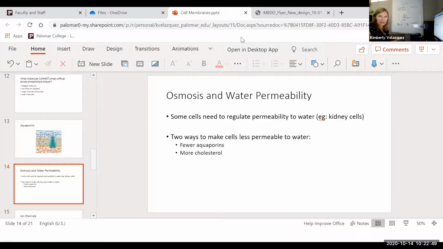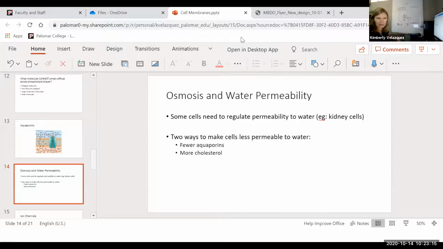And in a hypotonic environment, water is going to move toward the higher solute concentration. So that means water is going to move into the cell to dilute that solute concentration. Okay, so if you can't move the solutes, then you can move the water. That water is going to go through the aquaporins.